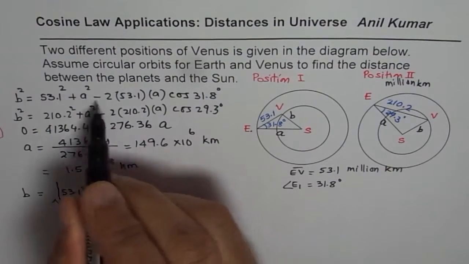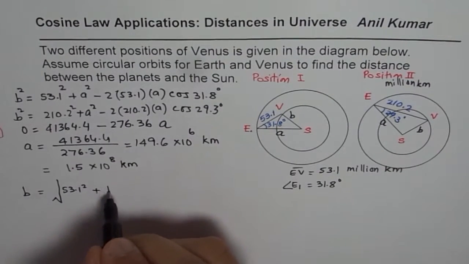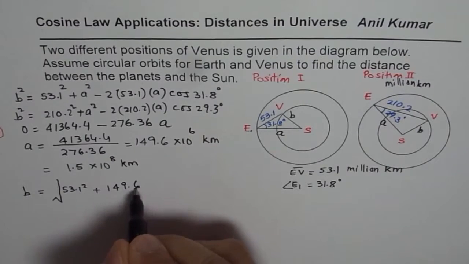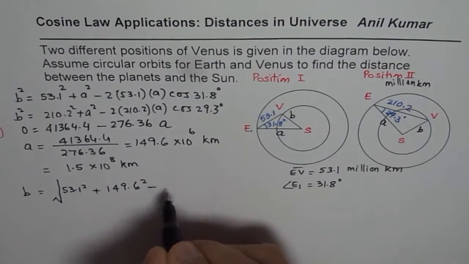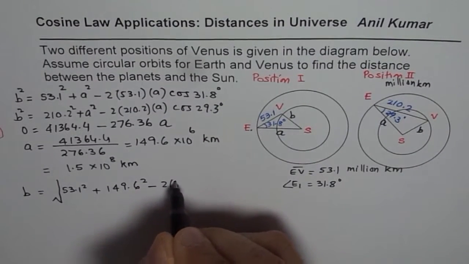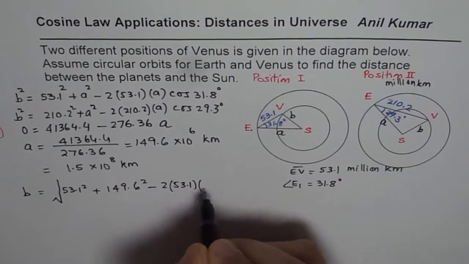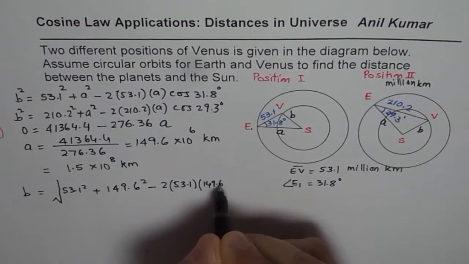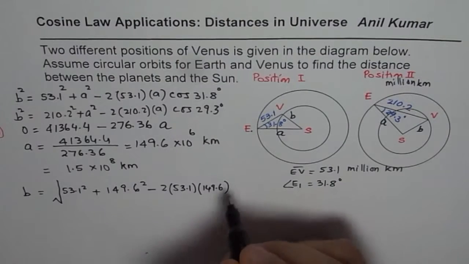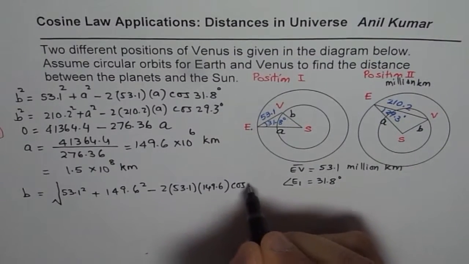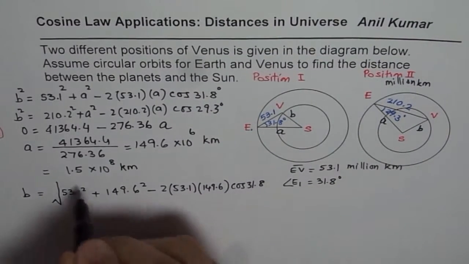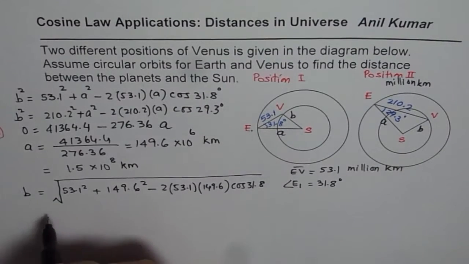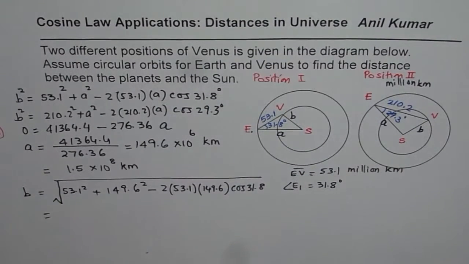We know everything is in million. So 149.6 square minus 2 times 53.1 times 149.6 times cos of 31.8, right? So that gives us the distance of Venus from Sun.